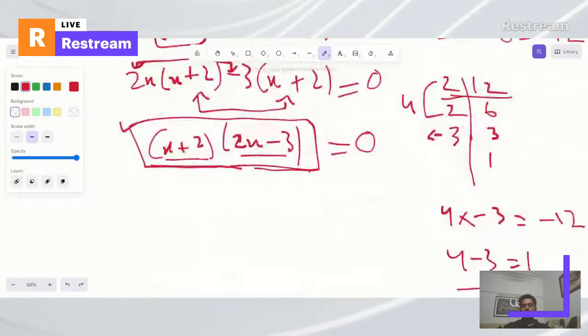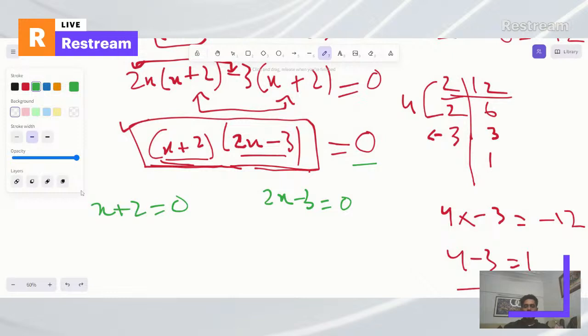So how are we going to get two values? We're going to take each one of these factors and equate them with 0. So the first factor is x plus 2 equals to 0, and the other factor is 2x minus 3 equals to 0.